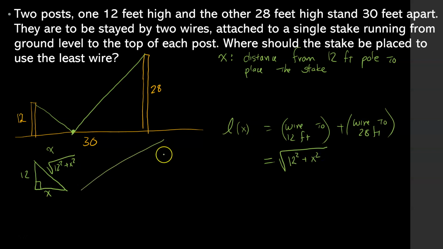The other triangle is a little bit uglier, but we can still deal with it. This side length is 28, and the horizontal leg is definitely not x. The whole length is 30, and we already used up x. So the length of the wire along that diagonal is the square root of 28 squared plus (30 minus x) squared.